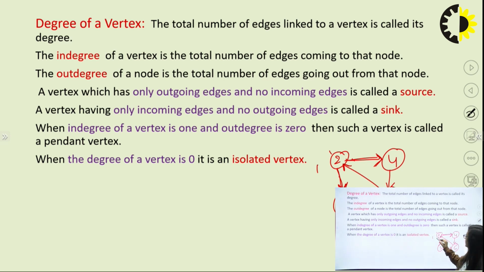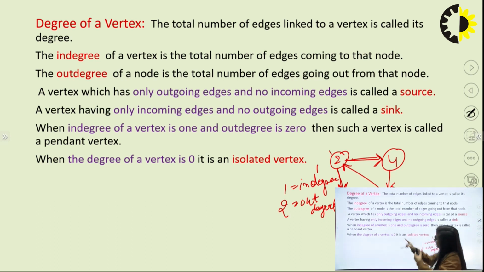So 1 is the in degree and 2 is the out degree of this node. Same here.